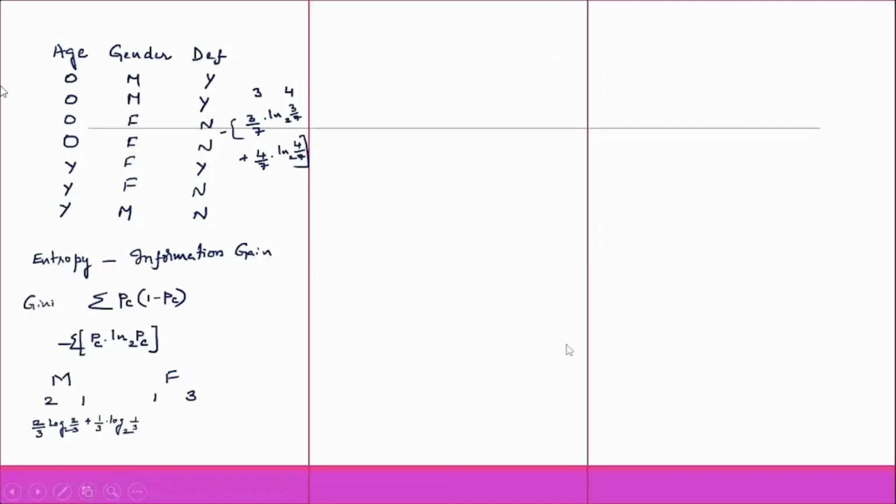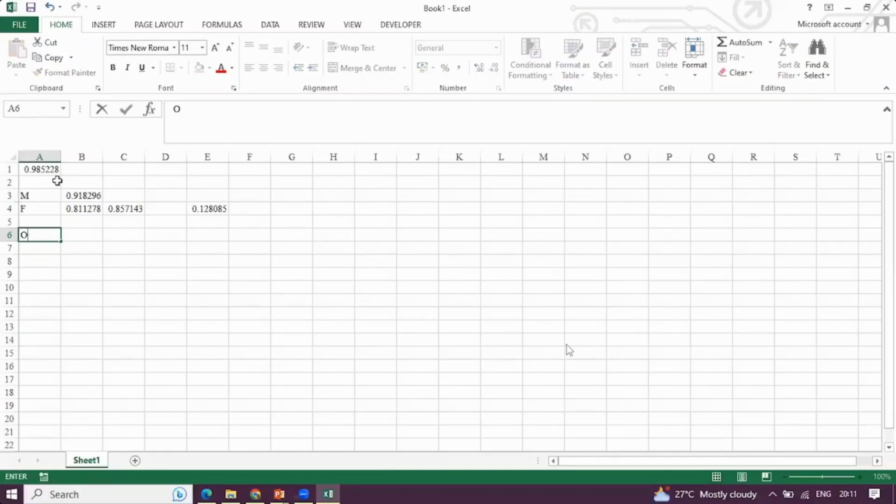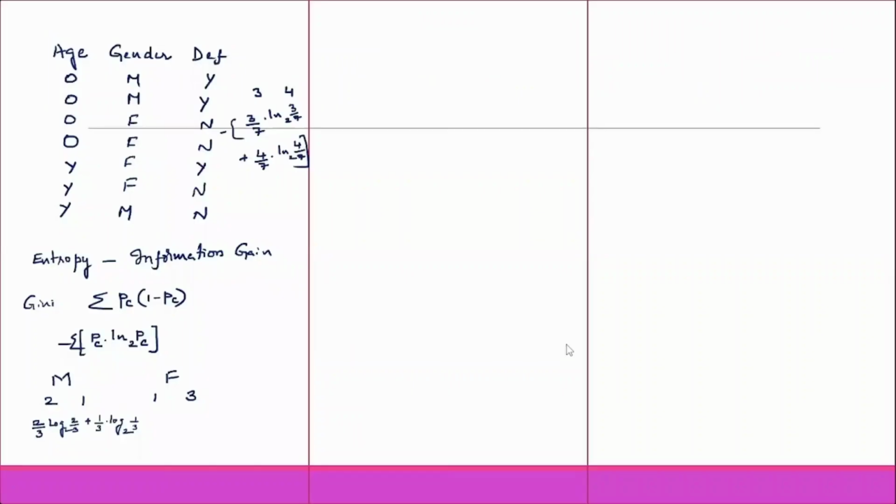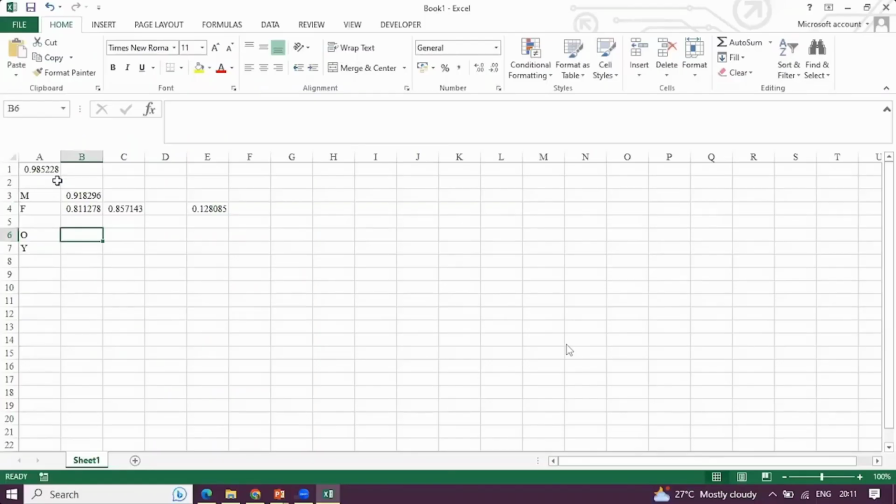Similarly, if I do this based on the age category, possibly here I have old versus young. As a quick calculation, now I have two yes and two no here.